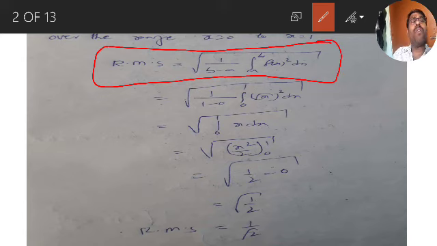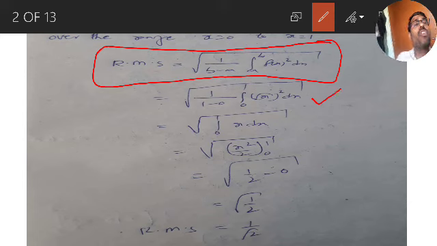RMS value is square root of 1 by b minus a, integration a to b, f of x whole square dx. Are you getting? Square is there, mean is there, root is there, everything is there. So substitute. Now what is f of x? Square root of x. What is lower limit? 0 and upper limit 1, that is a is 0, b is 1.